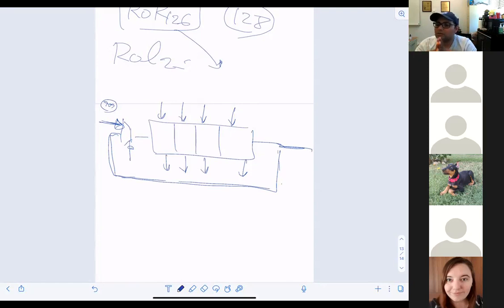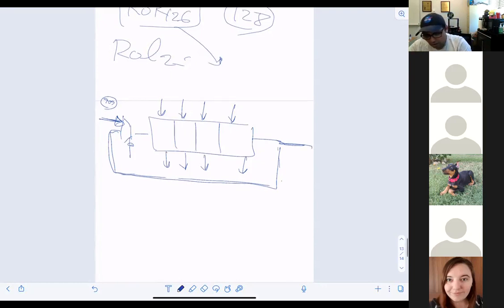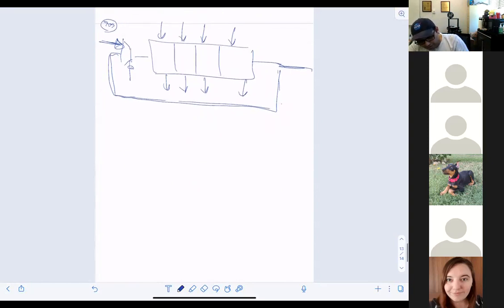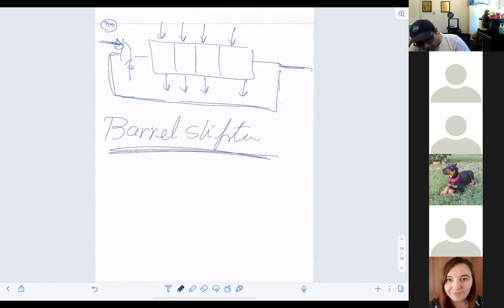But there is also another way for you to build a shifter using a combinational circuit, not even a sequential circuit. And that will be our next topic on the coming Monday, which is the barrel shifter. Then we finish barrel shifter.